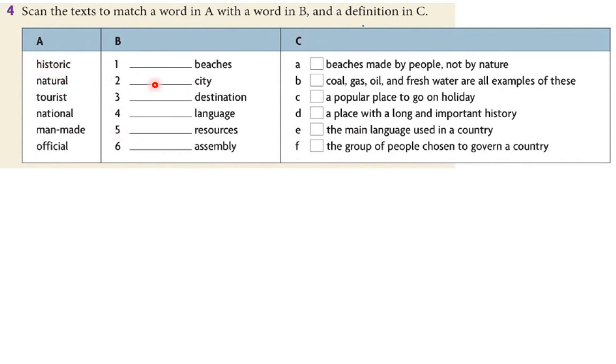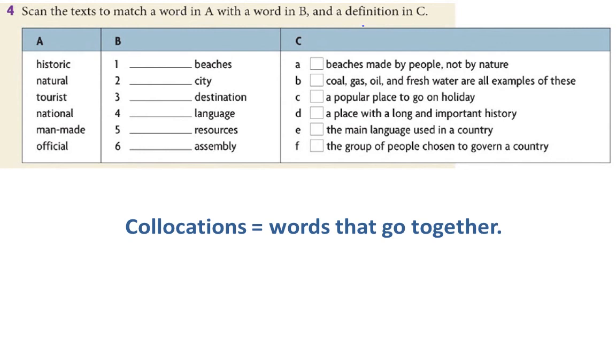When words come together, it is called collocation. Collocation is words that go together. So historic city is the first collocation here, and for its definition we can check the six definitions here and choose which one matches historic city.